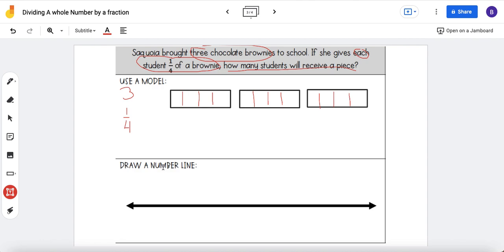Now, again, the 1/4 is the second part of my division problem, which talks about breaking the numbers into groups or parts. The answer is how many groups or parts we will have, or in this one, how many students will receive a brownie.